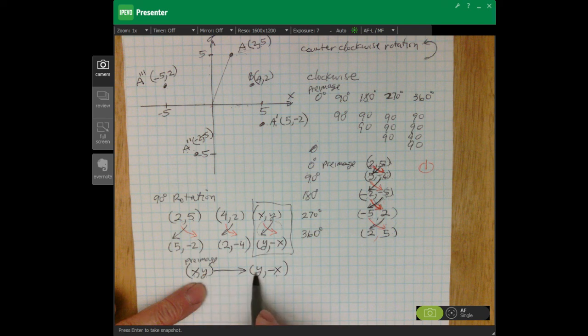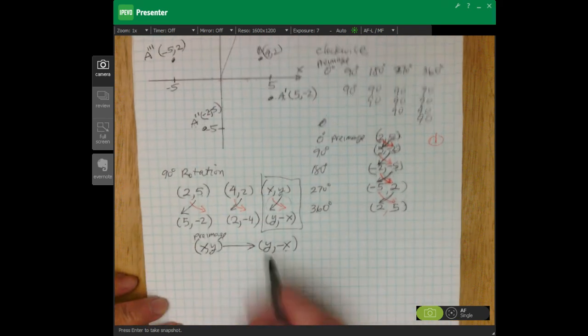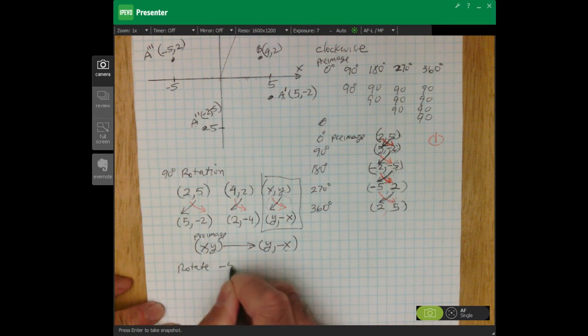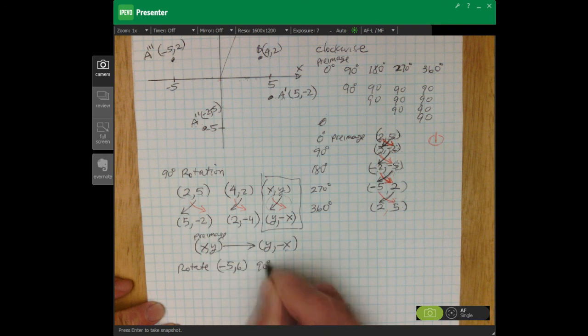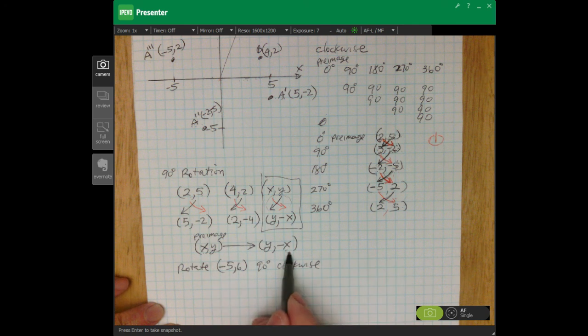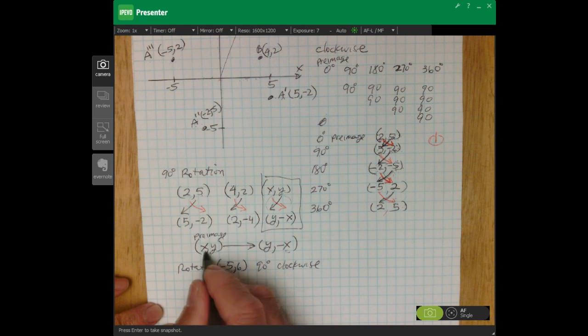We keep the sign. So the way you would work that would be, let's say we want to rotate -5, 6, 90 degrees clockwise. Okay, so we're going to use this same rule, because this rule should work with any number. But instead of x and y, we're going to use -5 and 6.